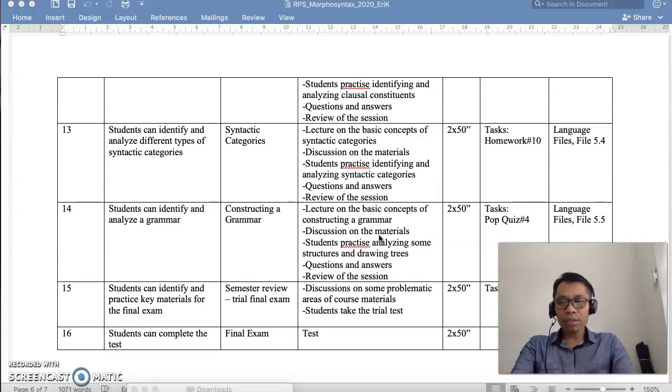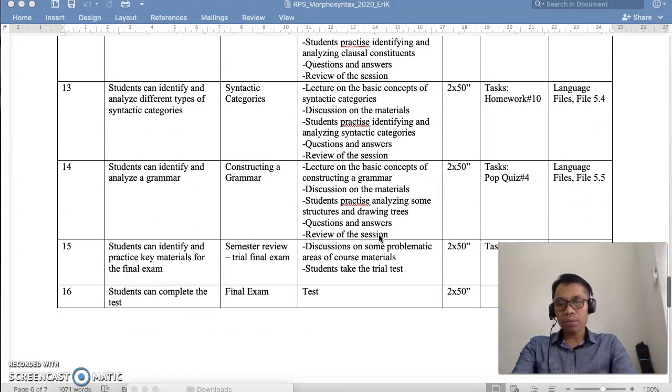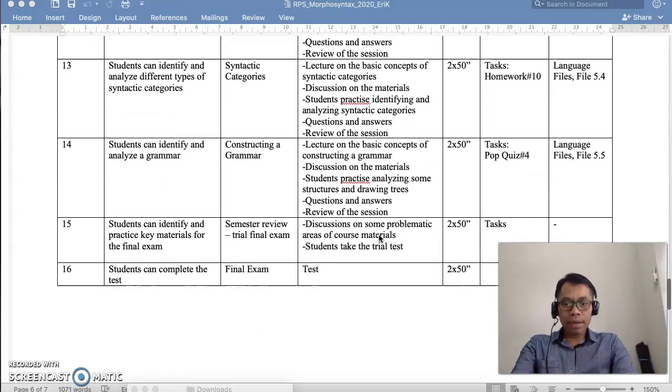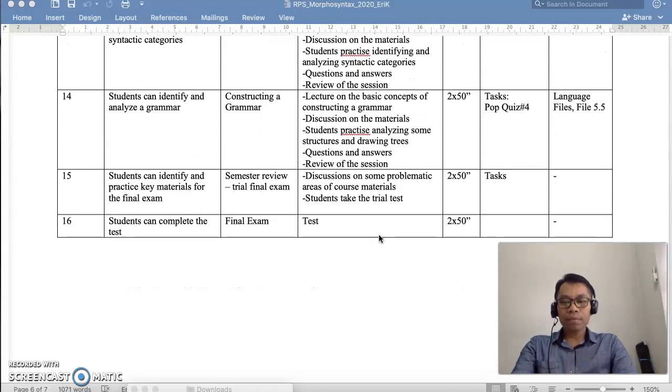And then in week 13, we'll talk about syntactic categories. In week 14, we'll talk about constructing a grammar. And then in week 15, we'll do a semester review. And finally, in week 16, you will do the final exam.